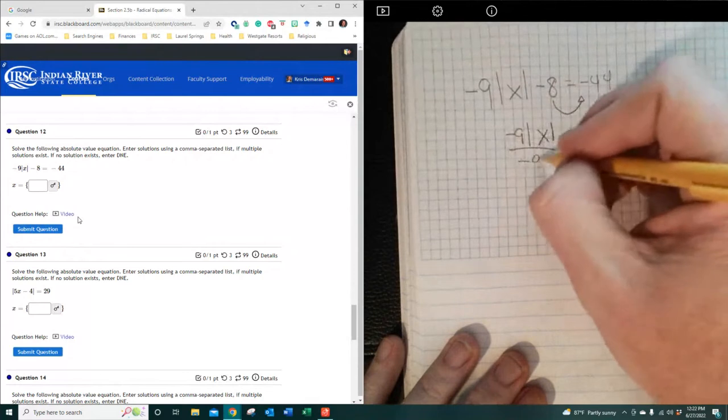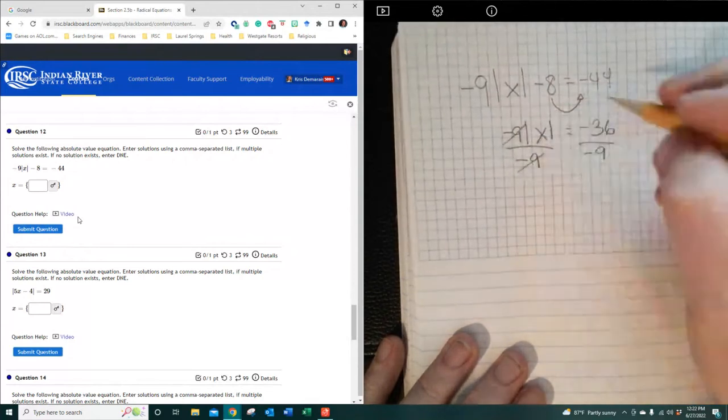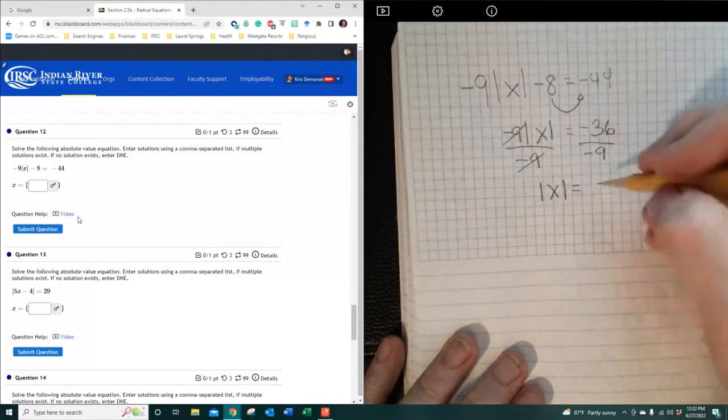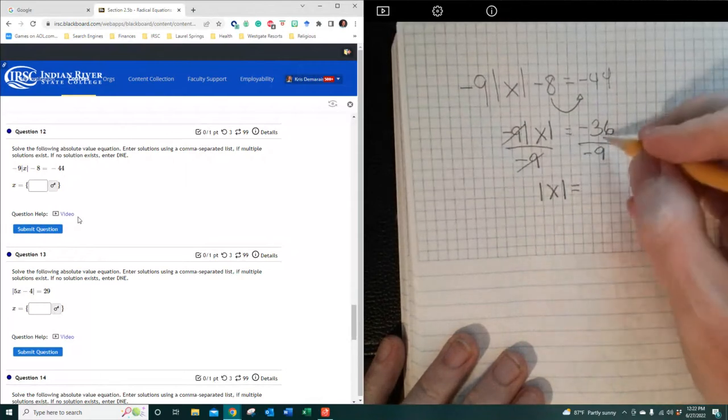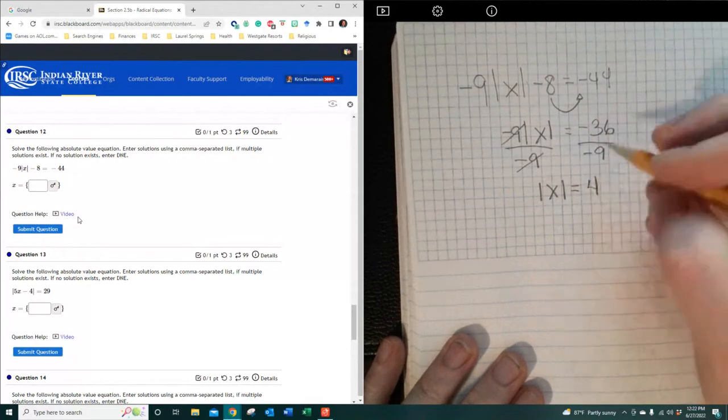And then you divide both sides by negative 9. And you're going to go ahead and get 4 here.